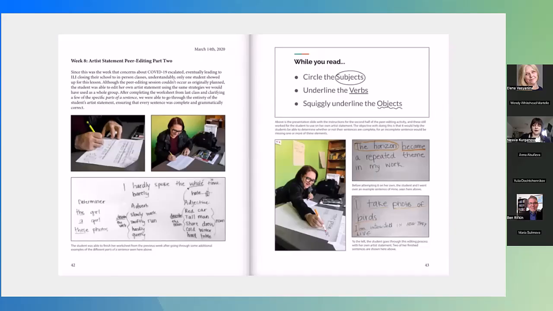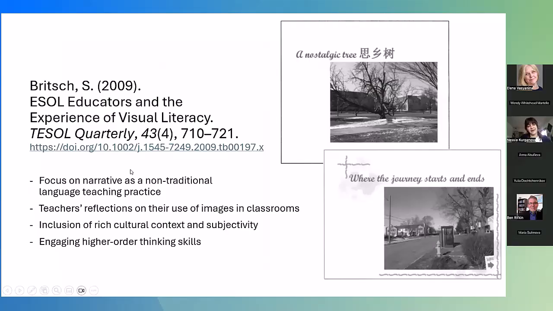So it's very multimodal, and through that they were able to talk a lot about the mechanics of language, the syntax, parts of speech, but also a lot of higher level discursive things like, how do I make this artist statement concise and persuasive? I think that was wonderful.